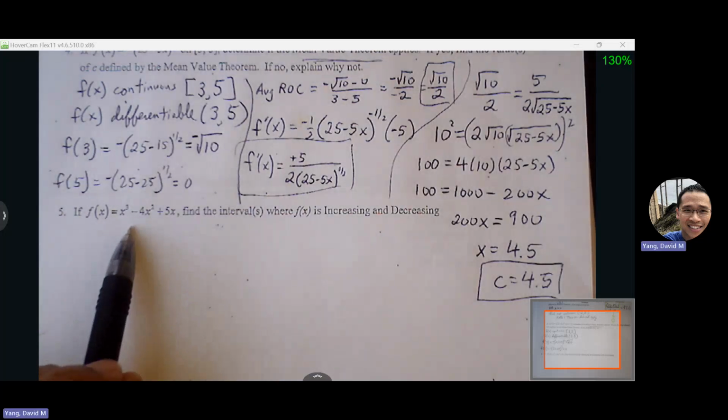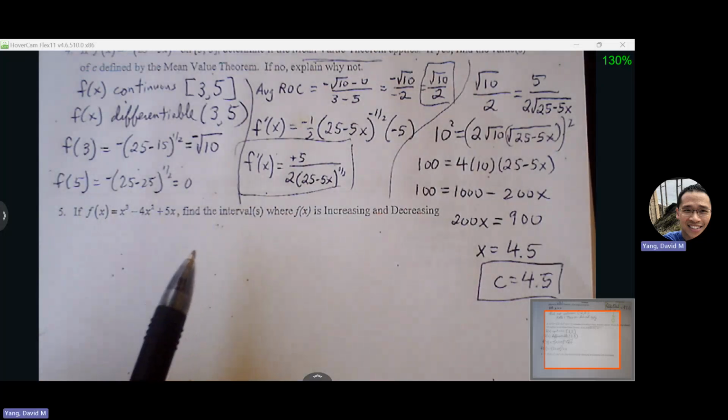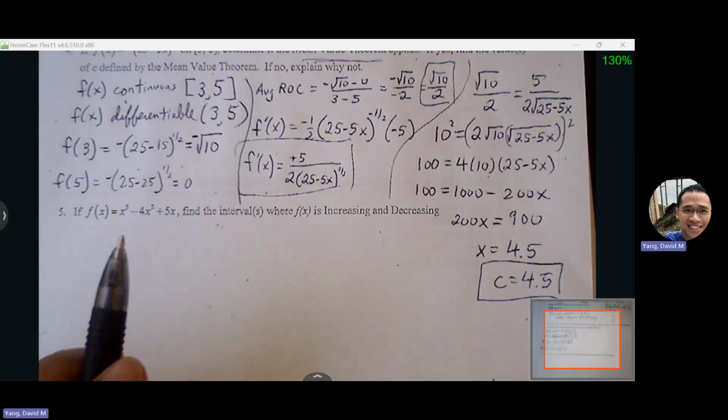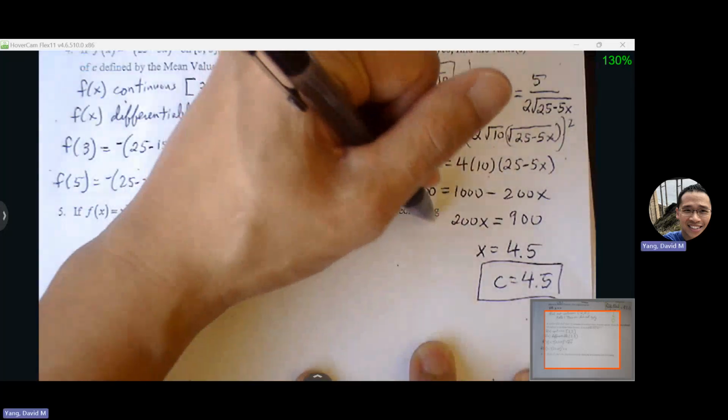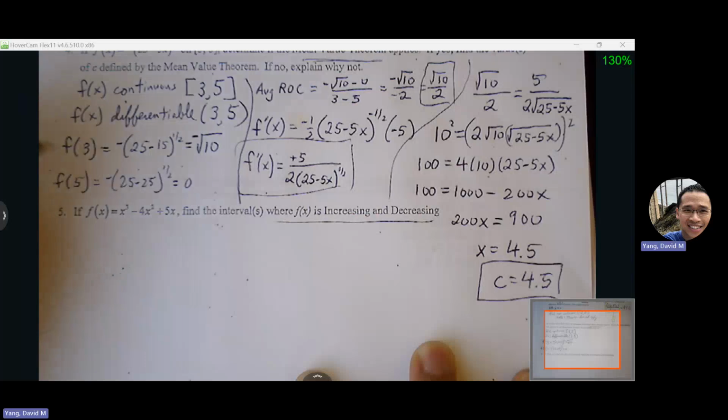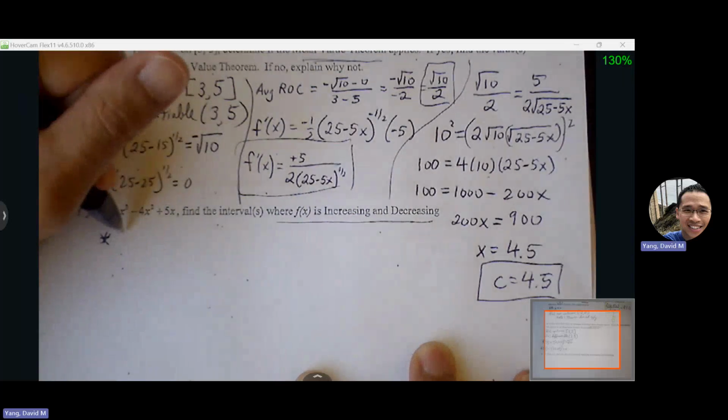All right, the function is a polynomial. Find the intervals where the function is increasing and decreasing. We're going to go through what test here? This is the f prime sign line, so we're going to apply the first derivative test.